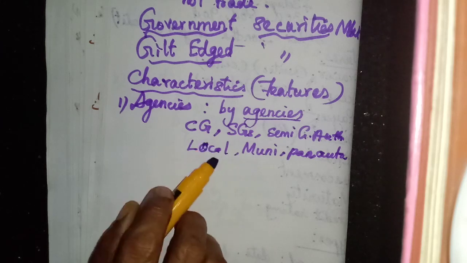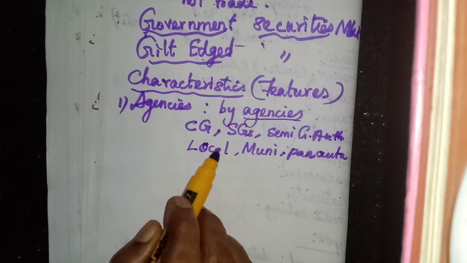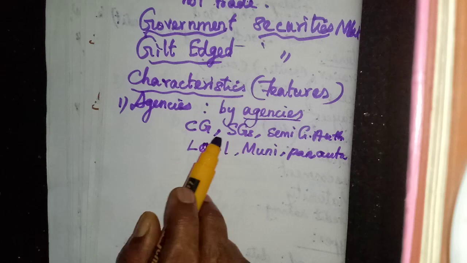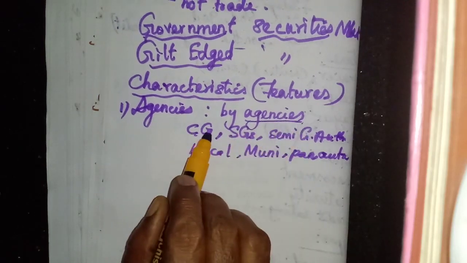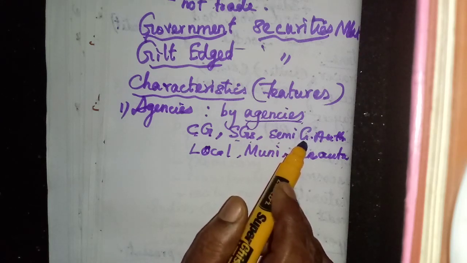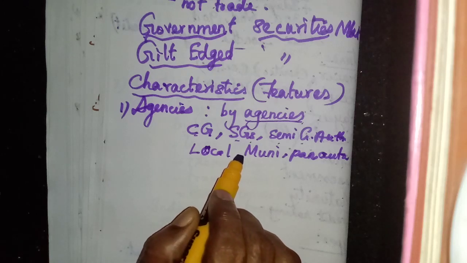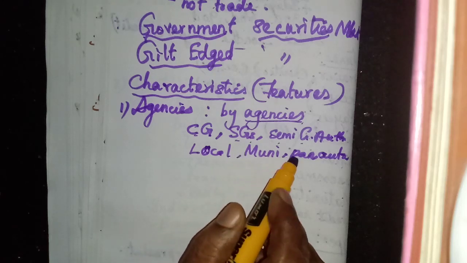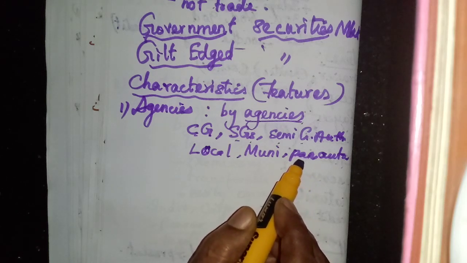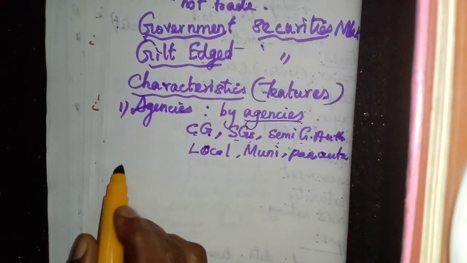All these come under the government securities market. Anybody can issue: the government securities are issued by agencies such as the central government, state governments, and semi-government authorities like local self-government, municipalities, panchayats, autonomous institutions, metropolitan authorities and port trusts, etc.